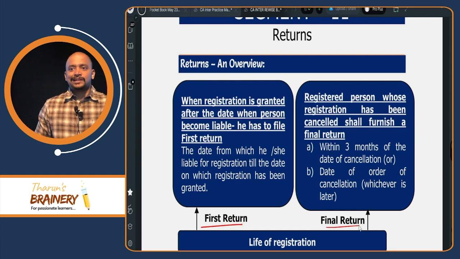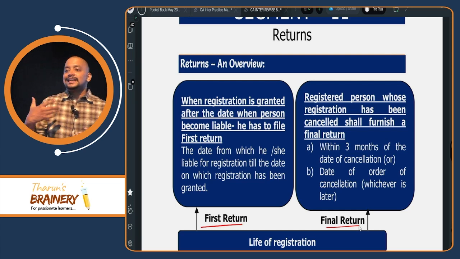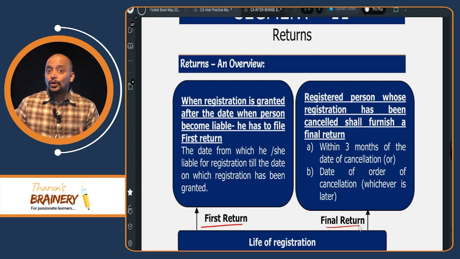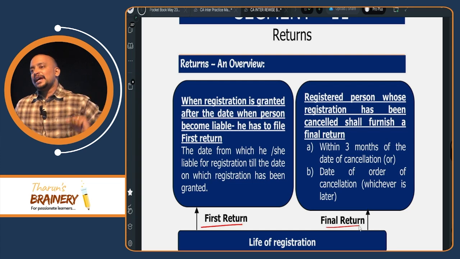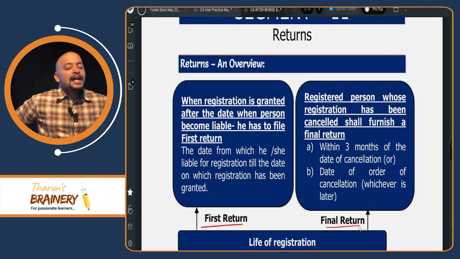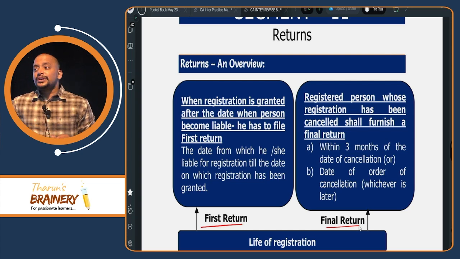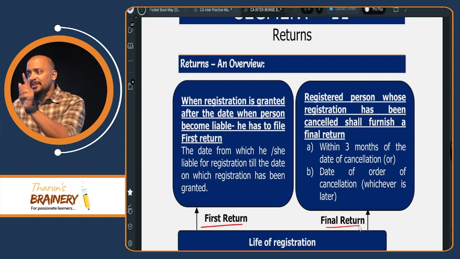So this first return, when we are filing, it will contain not only the details of the month for which we are filing the return, but also the period prior to that month, that is after the date I am liable to get registered. For example, I am liable to get registered on 10th March and I got registration certificate on 5th April. Now I will file my first return for April.